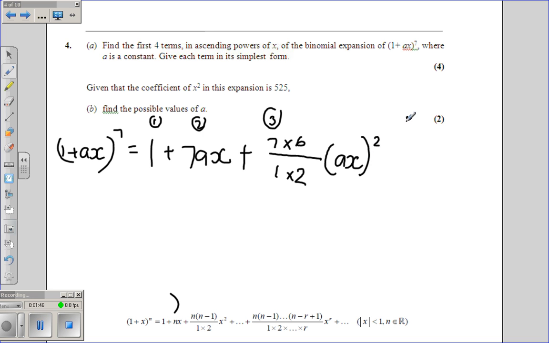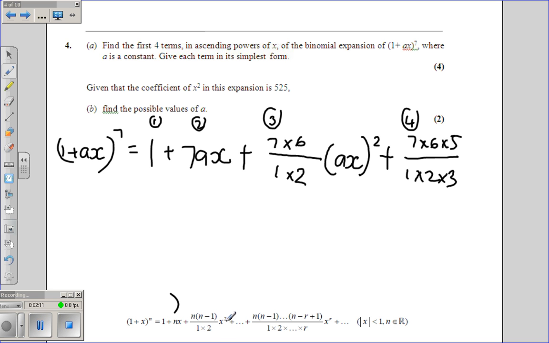And the fourth term is n times n minus 1 times n minus 2, so just 7 times 6 times 5 on the top, over 1 times 2 times 3. But then remember, if you keep going, it's x to the r, so whatever the power is.